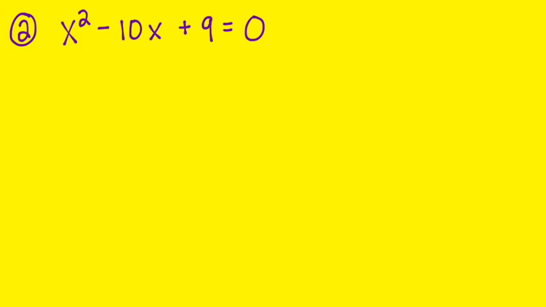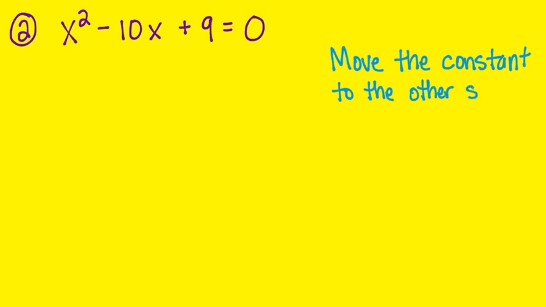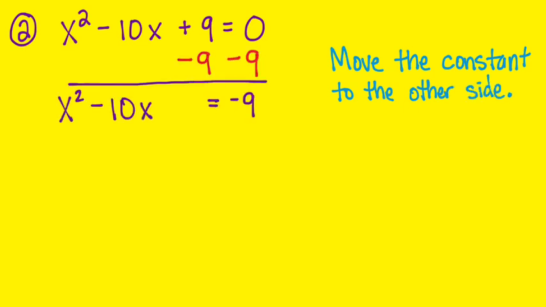All right, so this is not a perfect trinomial, excuse me. So now I need to fix this, right? I need to move the constant to the other side. And now I can complete the square.